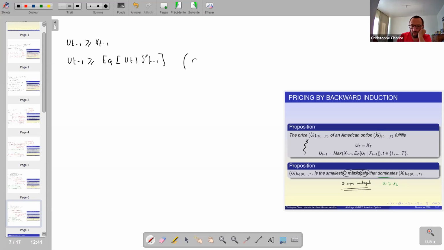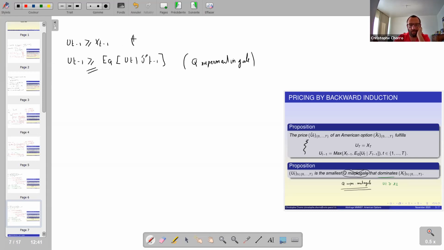So you have here the fact that you are a Q super martingale. It's exactly the definition of being a super martingale.